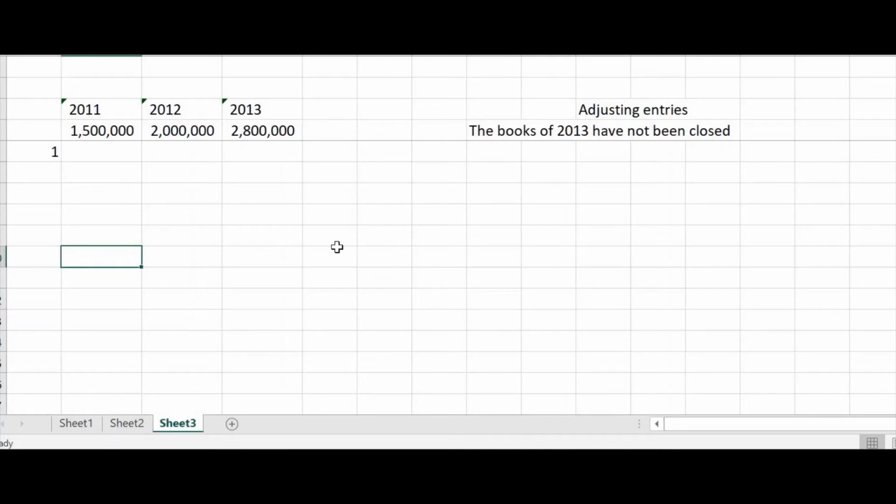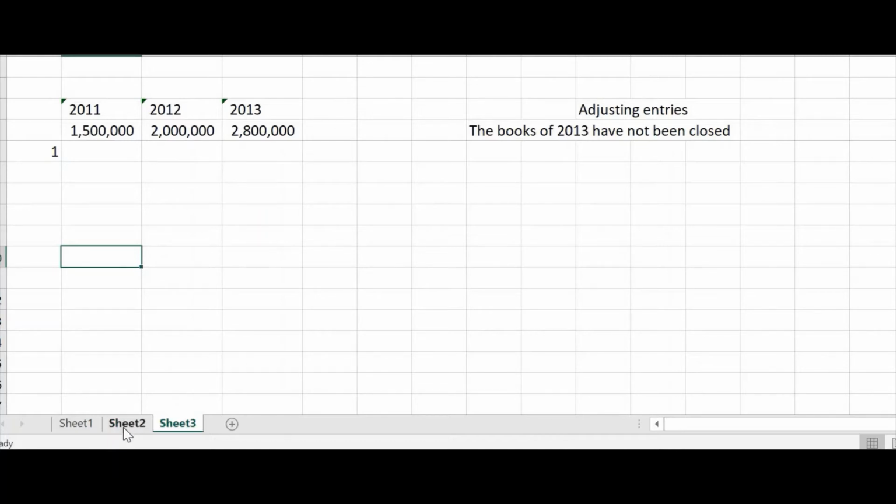Okay, but what we have to do is to reverse, di ba? Or i-correct lang natin kung ano yung dapat account title na nagamit. Okay? Then yung adjusting entry natin is to reclassify ng tama na account. Okay?